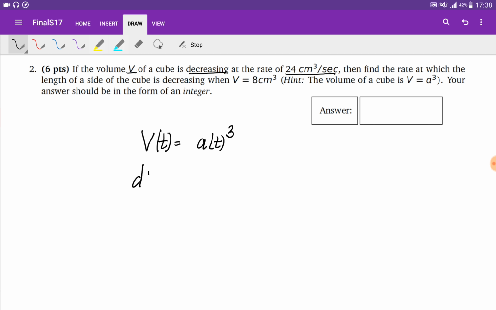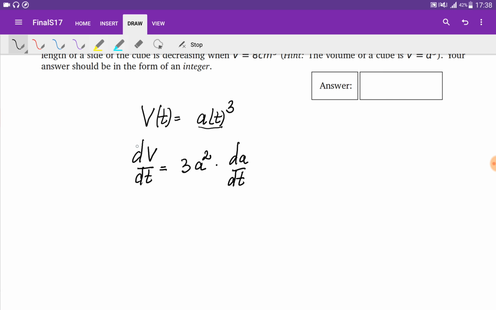So the derivative of V with respect to time is going to be equal to 3a square multiplied by the derivative of a with respect to t according to the chain rule, because a is also some function which depends on time, right?